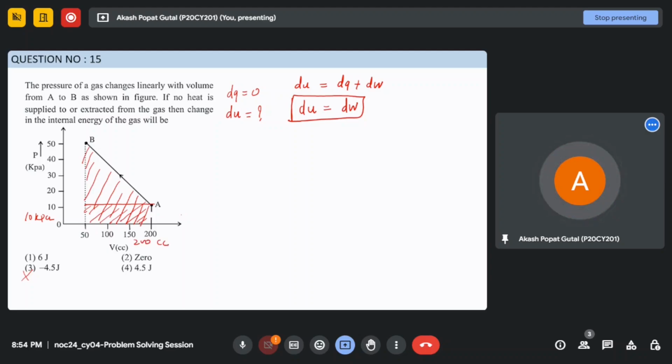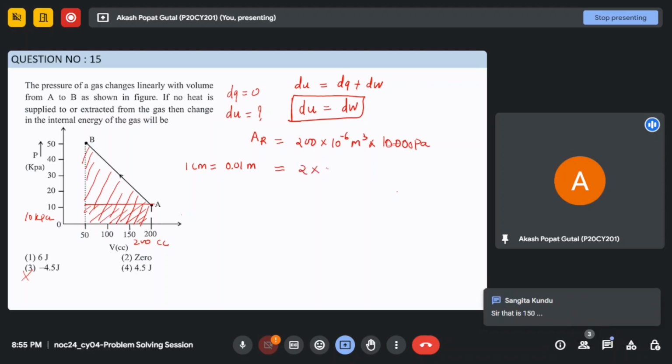So the area of the rectangle will be 200 cc, and 1 centimeter is equal to 0.01 meter, so we have 10 raised to minus 6 meter cube into 10 kilopascal, which is 10,000 Pascal, and we'll get 2 into 150.